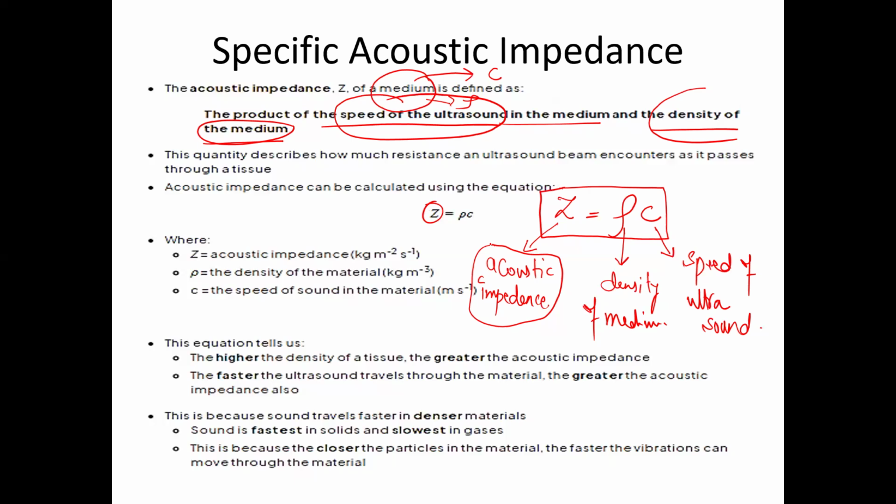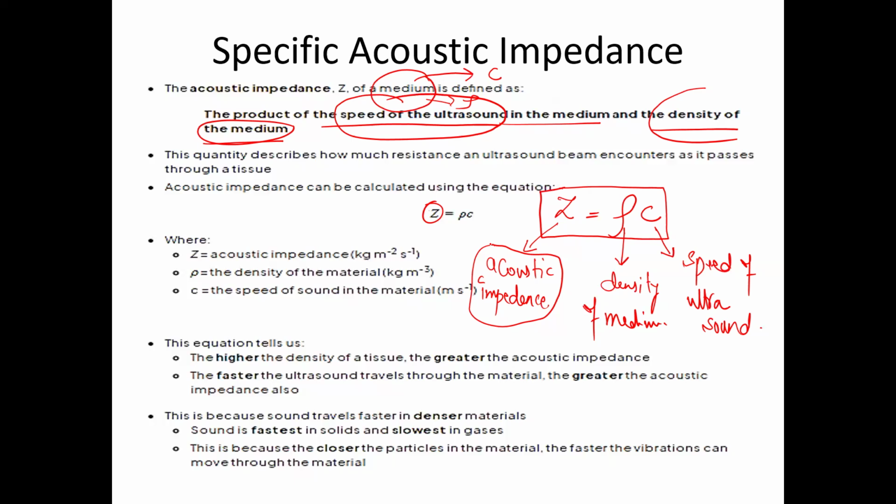So this is the specific acoustic impedance. How do we find out the specific acoustic impedance of any material? We simply multiply its density with the speed of ultrasound.